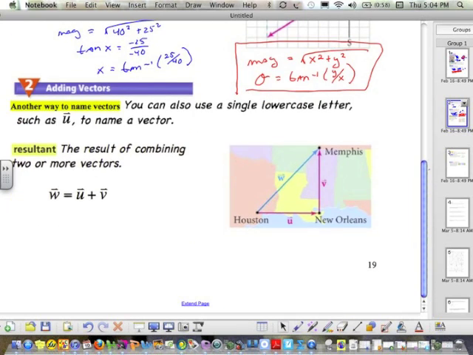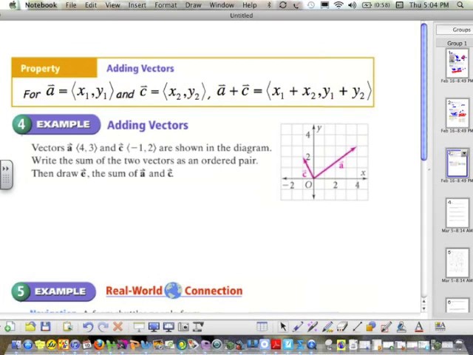So to add vectors, all you do is you add the x to the x and the y to the y. That's why the xy notation is so very useful. So here's a rule that shows you that. You add the x's together, you add the y's together. Don't worry about the notation. If you take a look, that's all you're doing. So if you see the example, they want me to add the two vectors together. What I can do is take each vector and change it into the vector notation.